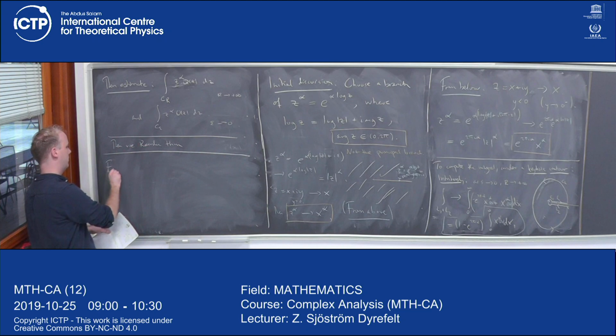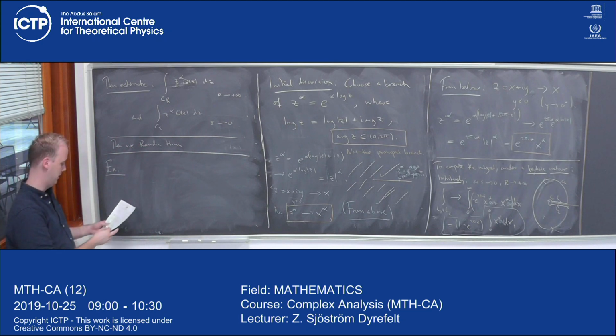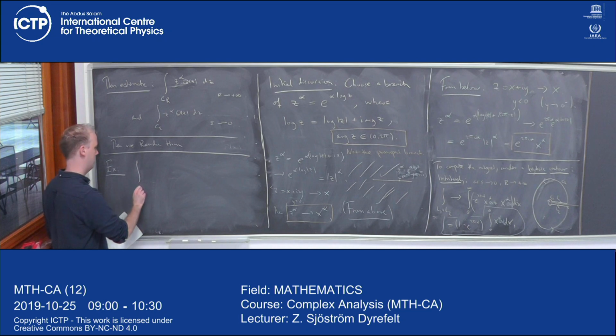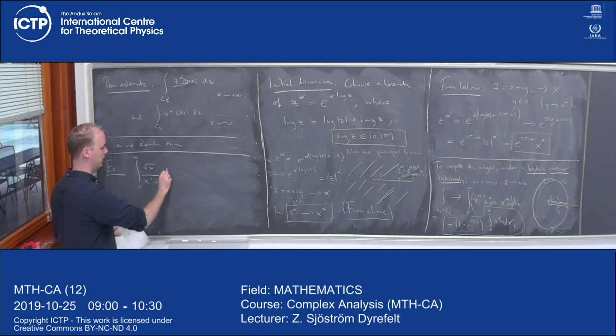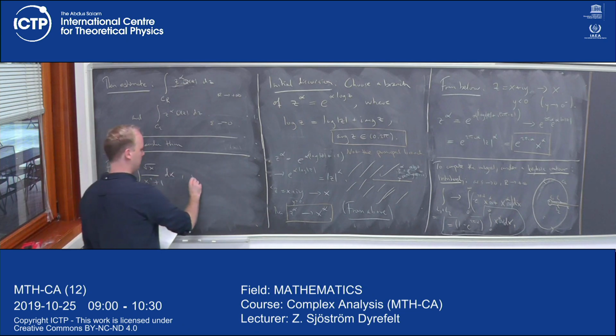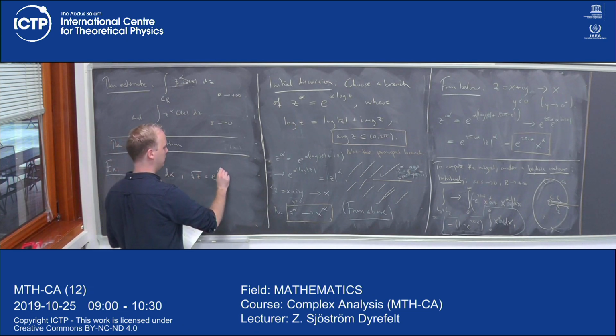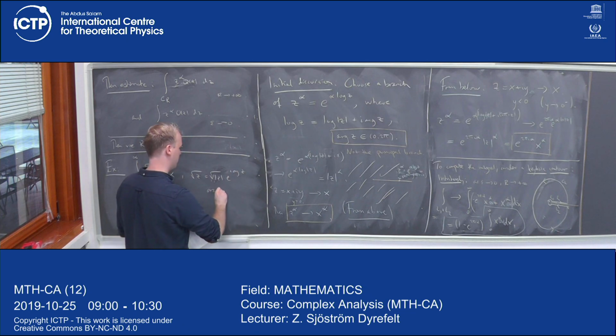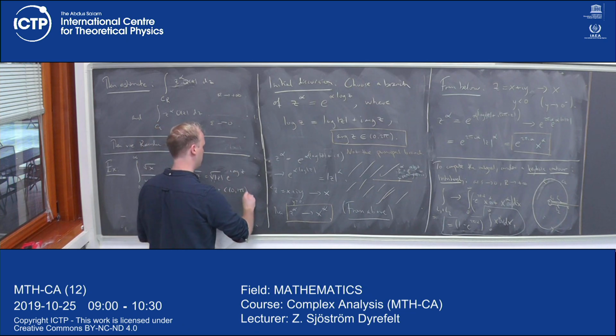So, example. I'm a little bit in time trouble, let's put it that way, but let's still do the example: square root of x over x squared plus 1. So we know what the poles are. We say that the square root of z is equal to e to the square root of the absolute value of z, e to the I argument of z, where the argument of z is in 0, 2 pi.